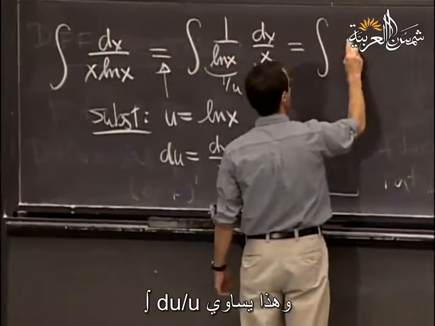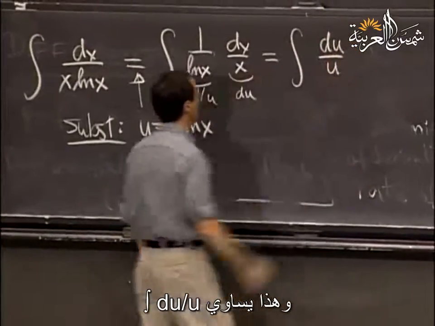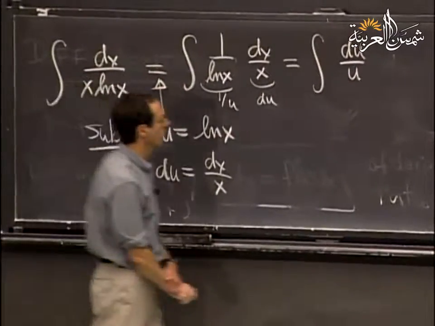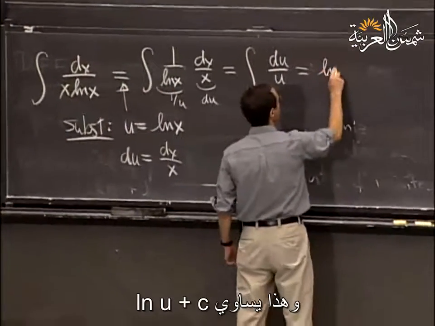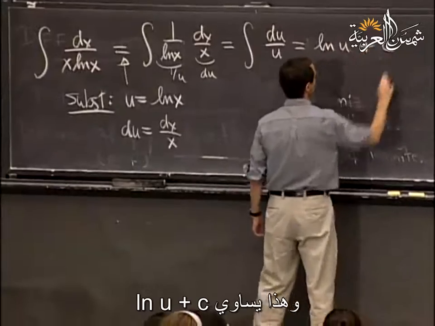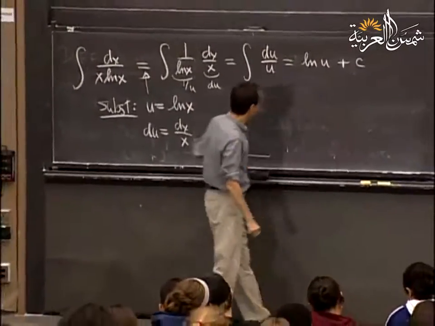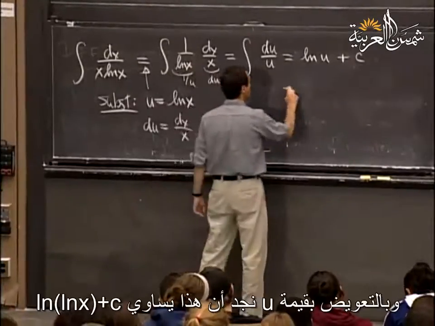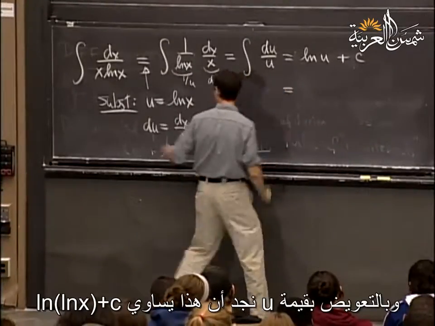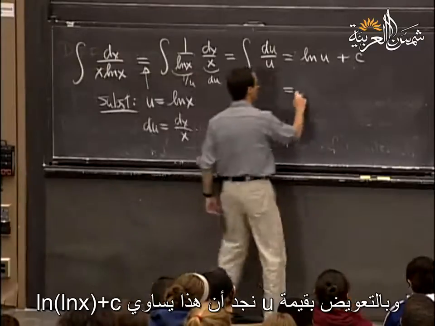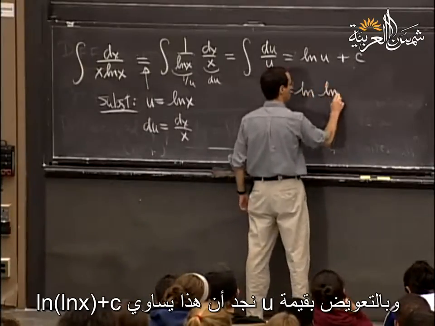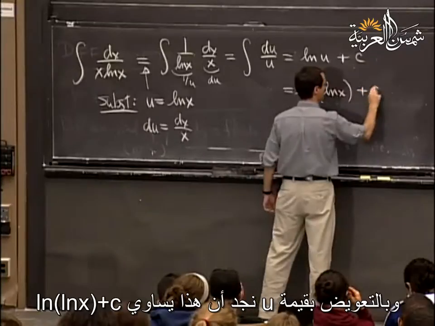So it's the integral of du divided by u. And that is log u plus c. Which altogether, if I put back in what u is, log log x plus c.